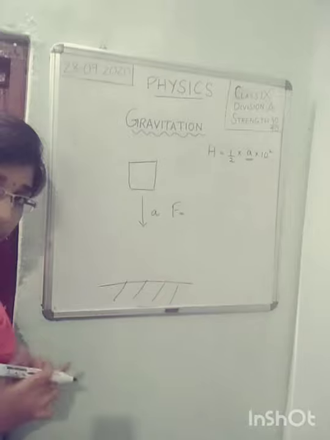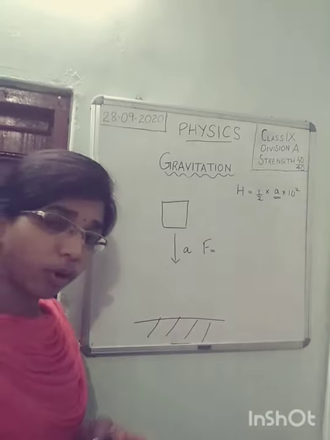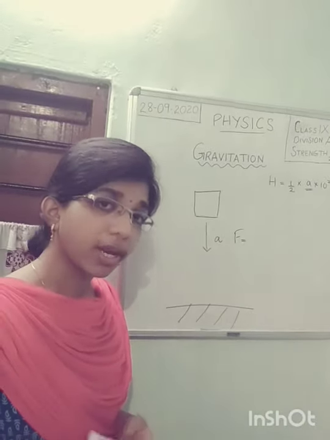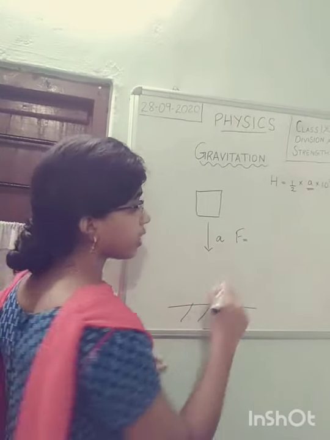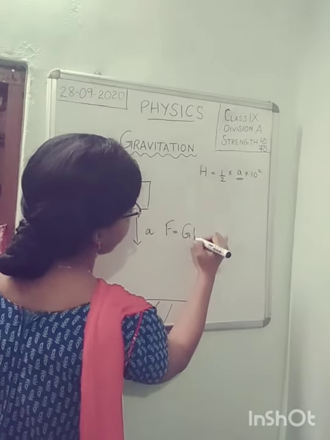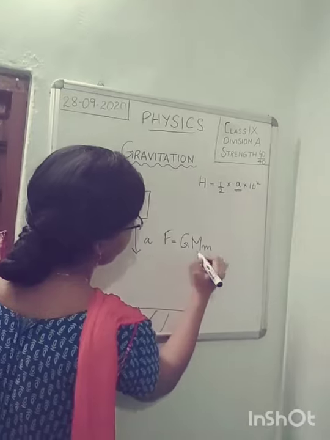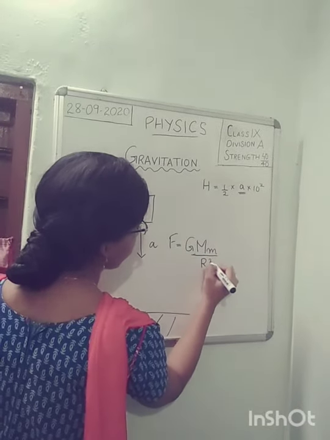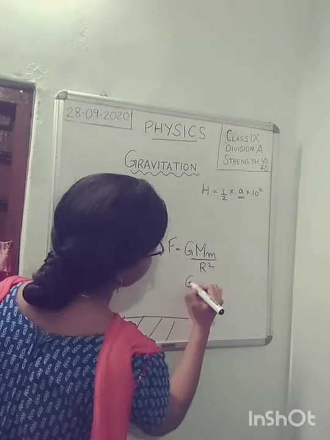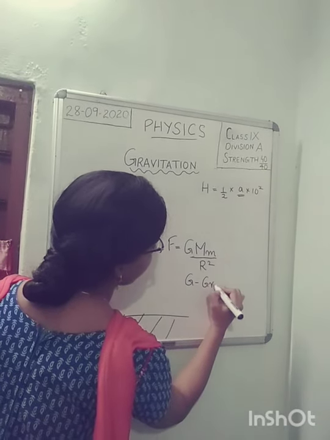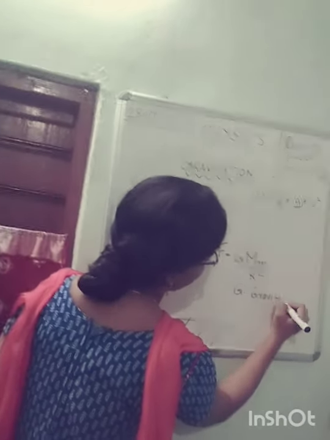In the earlier class, we determined a formula to find the force of gravity. What was that? Yes, it is G into capital M into small m divided by R squared, where G is the gravitational constant.